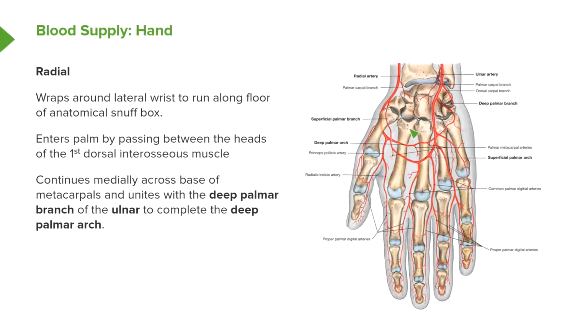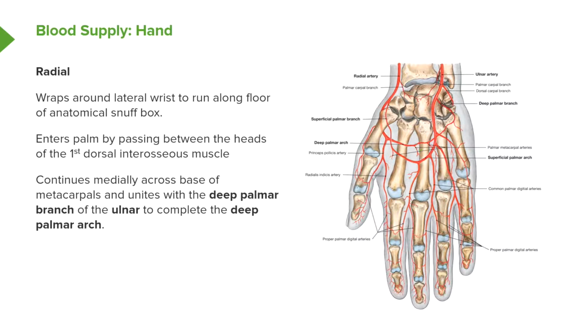And it unites with the deep palmar branch. So here we can see we've got the deep palmar branch again coming off the ulnar, and this is uniting with that continuation of the radial artery. And this forms the deep palmar arch that's running all the way around here. We now have two complete circuits.